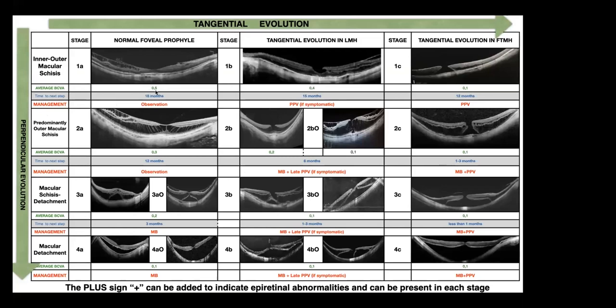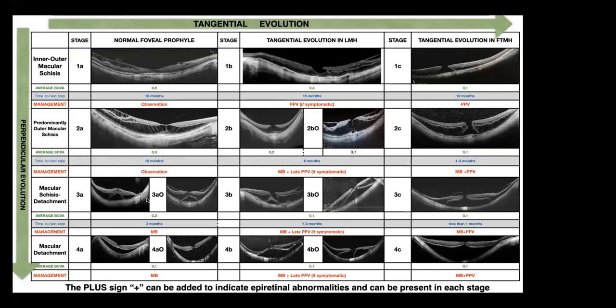Because if you see in green, the average visual acuity is still good in this patient because the photoreceptors are attached, intact. And also, you look in blue, the time taken to evolve from one stage to the next is long, is a slowly progressing disease. So it's better to do nothing because, of course, we can have some complications from surgery.